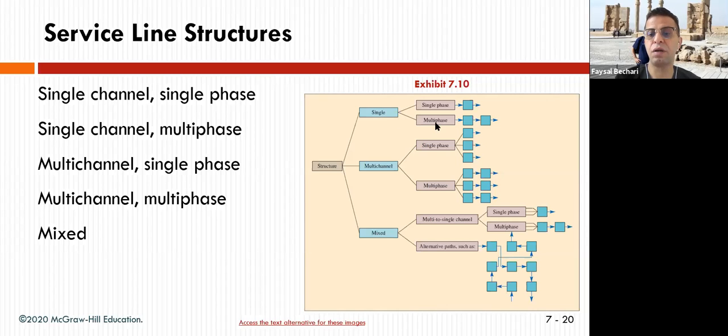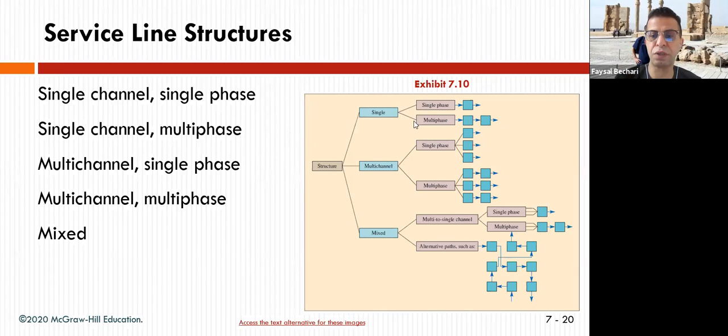Single channel, multiple phase is when at each cash register two or three people are waiting, and you can see in the exhibit that you need to distinguish between single channel, single phase, and single channel, multiple phases.